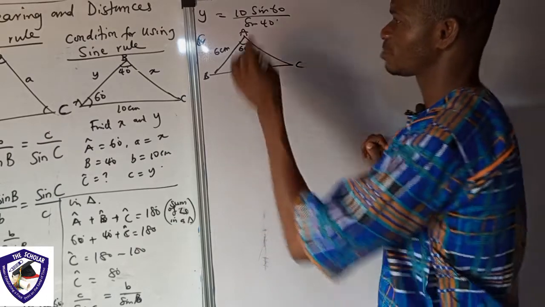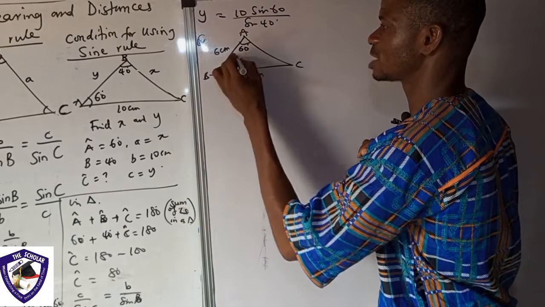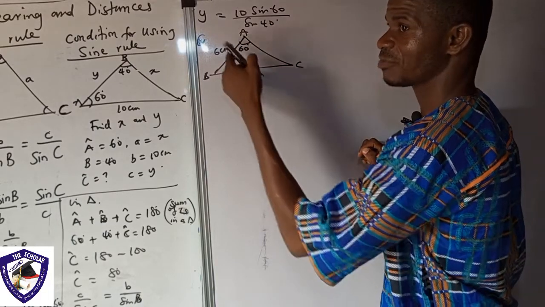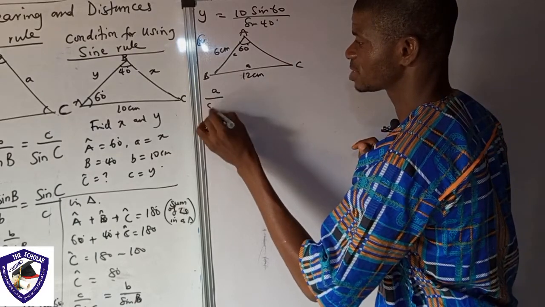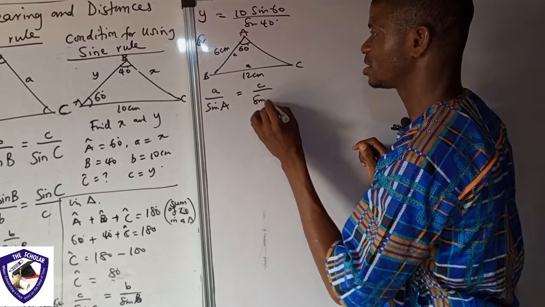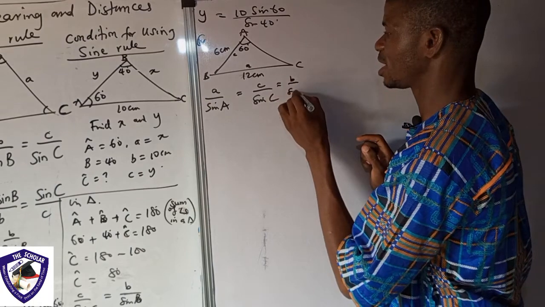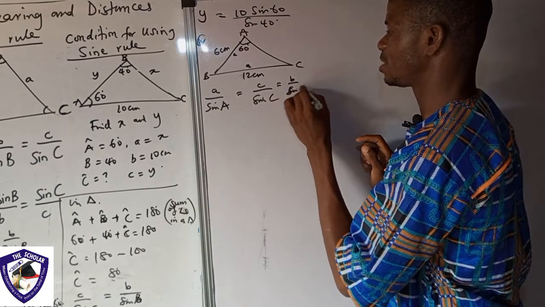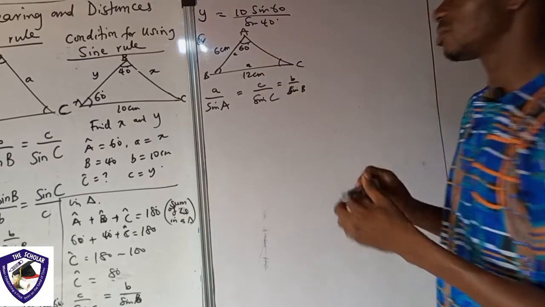So for this one, based on what we have here, this is my small a, this is my small c. So I have a and c, and I have the angle. So I'll be having a over sine A is equal to c over sine C is equal to b over sine B. So let's say you have to find angle B or angle C here. You can use this ratio.